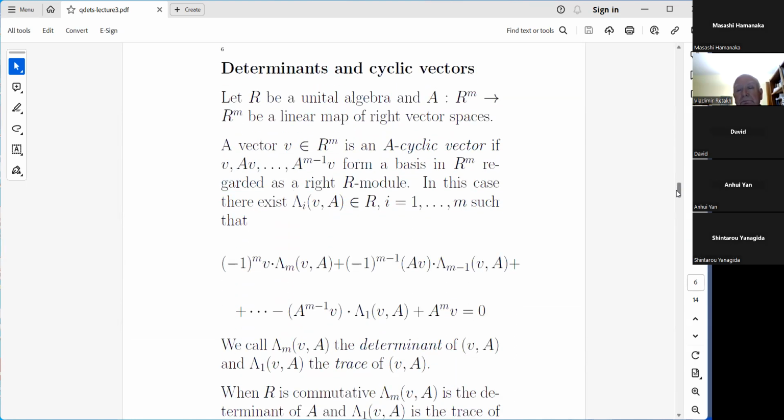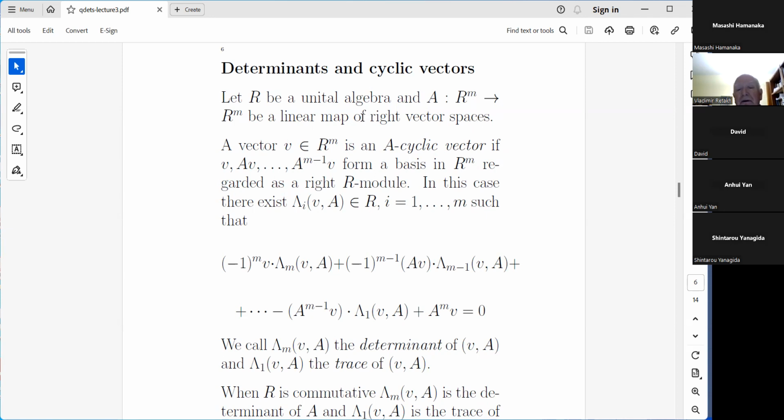Next, I will try to discuss another relation between quasi-determinants and determinants, compared to what I did in the second lecture. Suppose R is an algebra with identity, and I have a linear map of R^m to R^m as right vector spaces.